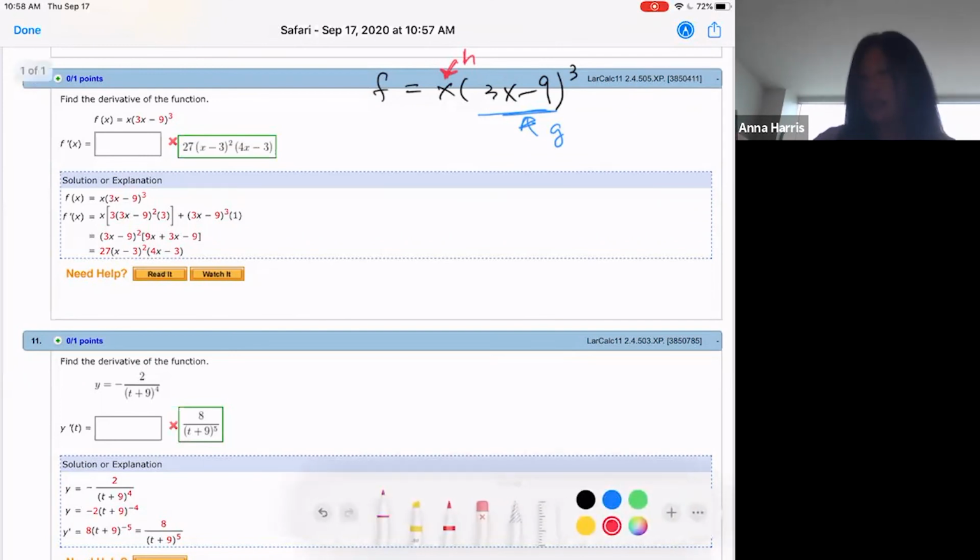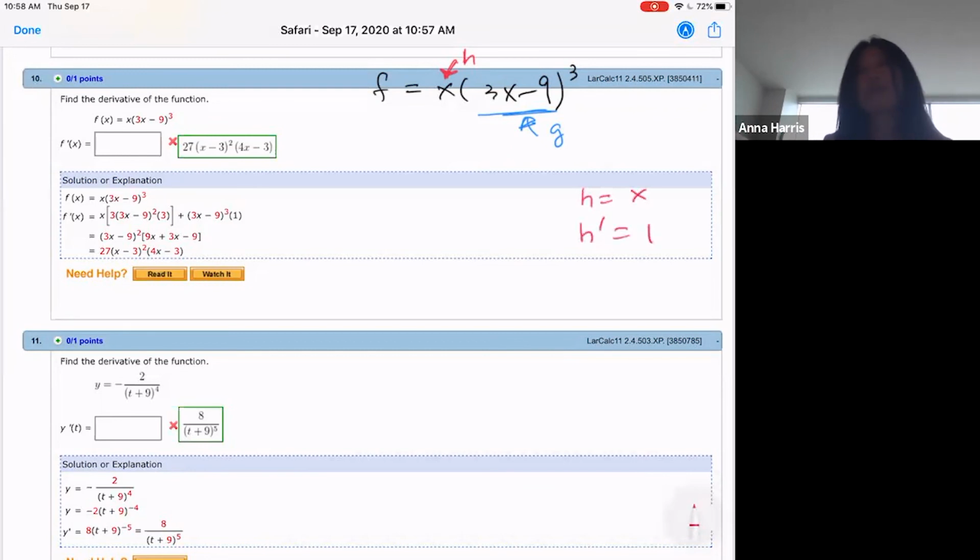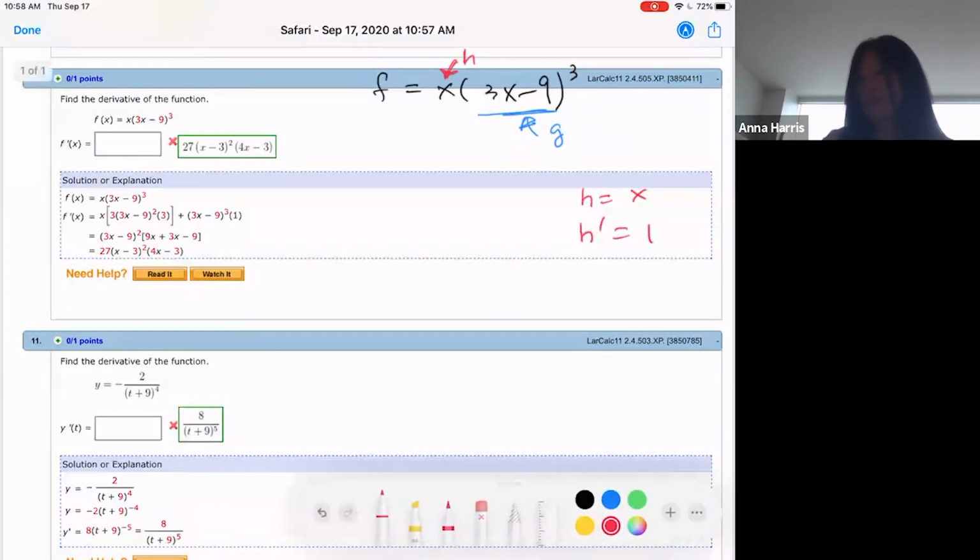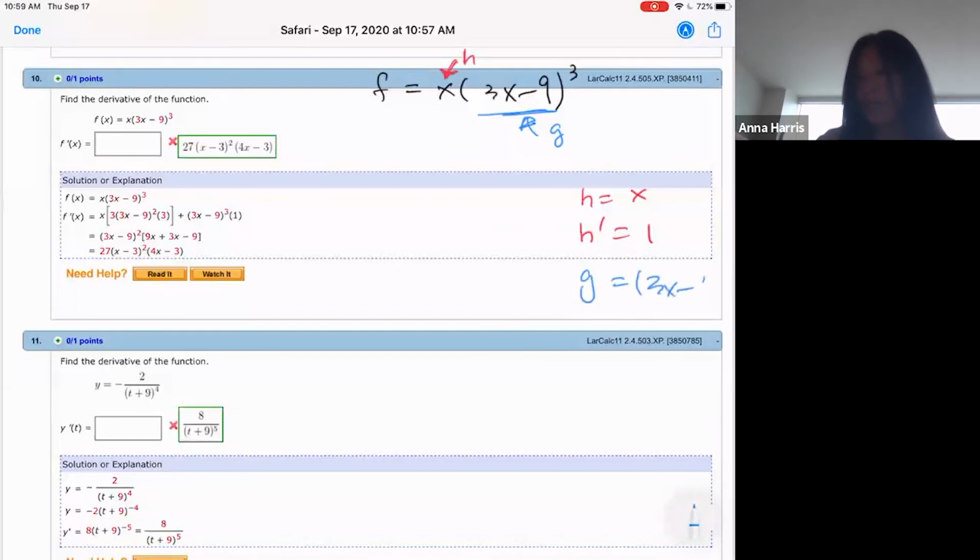So my h is x, and h prime is equal to 1. Next, my g is equal to (3x minus 9) to the third power. All right, does everybody see I have to use a chain rule for the g?